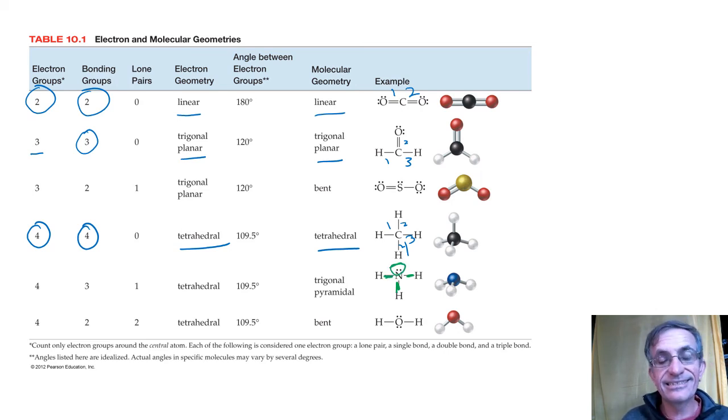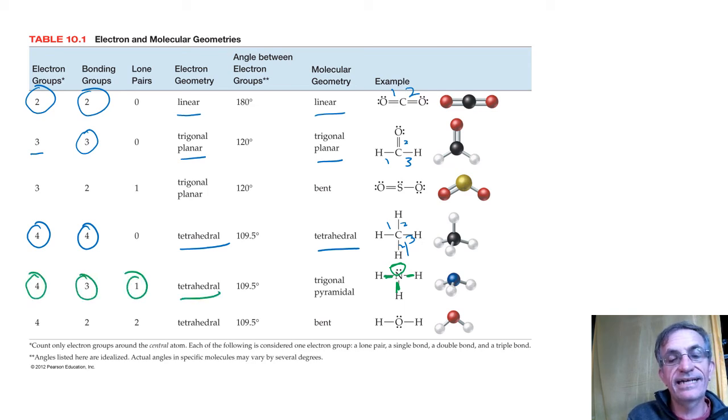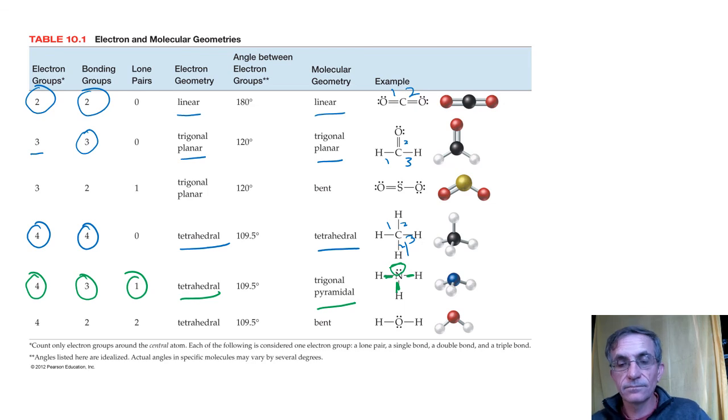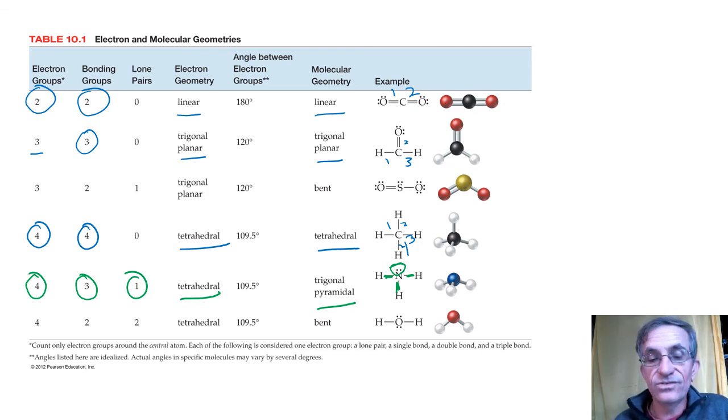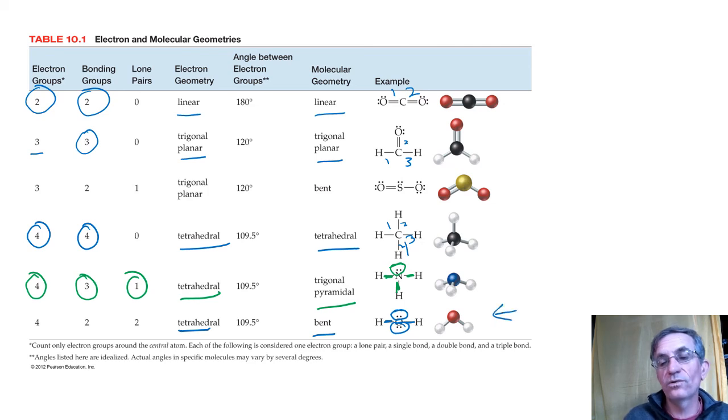In that case, 4 areas, 3 bonds, 1 lone pair, that's called tetrahedral trigonal pyramidal. And then the last one is you might have 4 areas, but 2 of the 4 are lone pairs. If you have 2 bonds and 2 lone pairs, that's called tetrahedral bent. Water was an example of that.